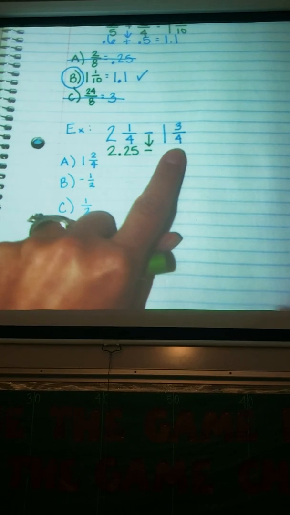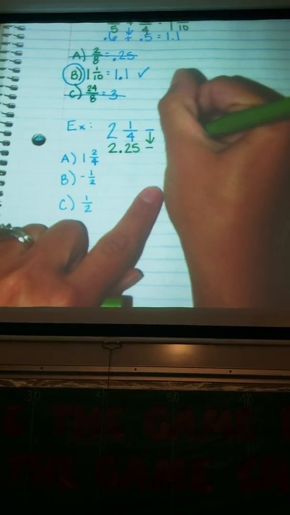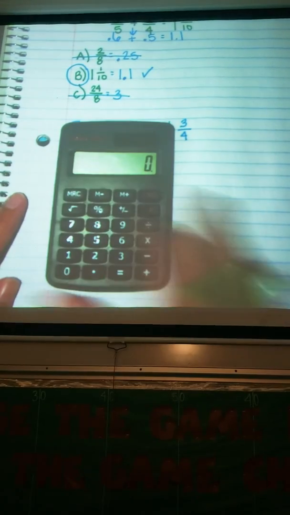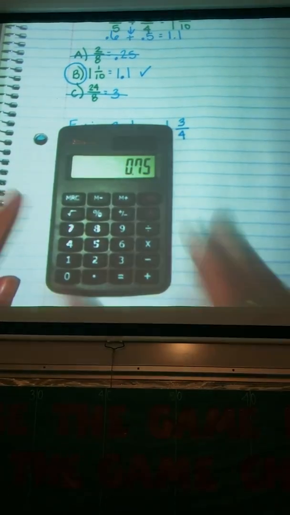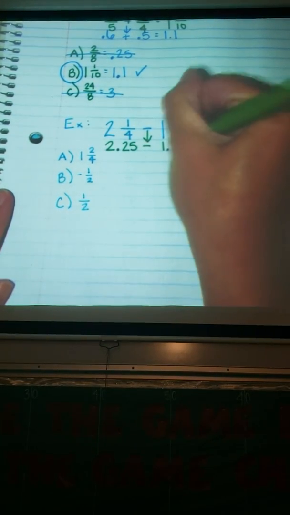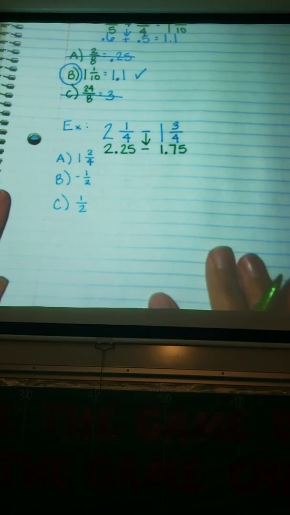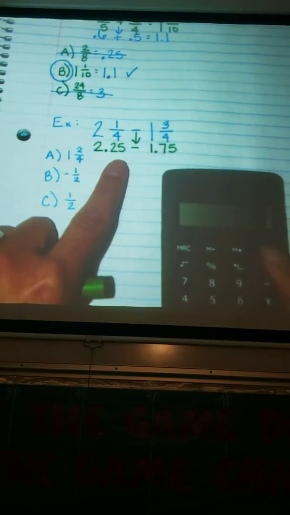And we've got another mixed number. We're going to leave that one alone. Just bring it down. Okay, and we're going to turn 3/4 into the decimal. 3 divided by 4 equals 0.75. So we're going to add that behind our whole number. Now let's go ahead and do this math.